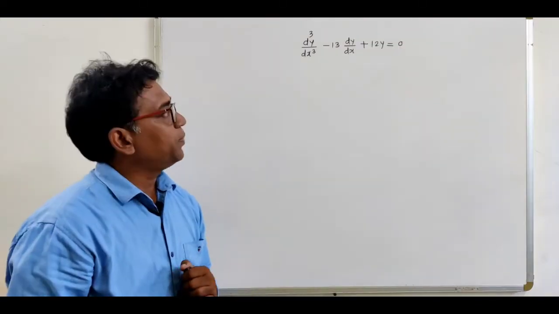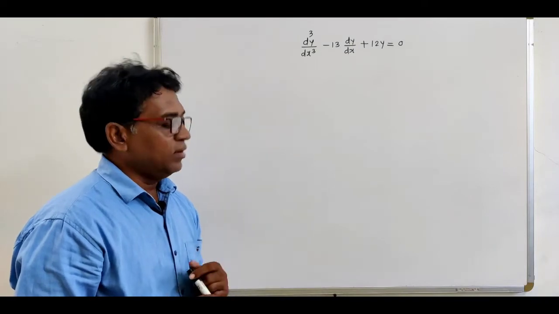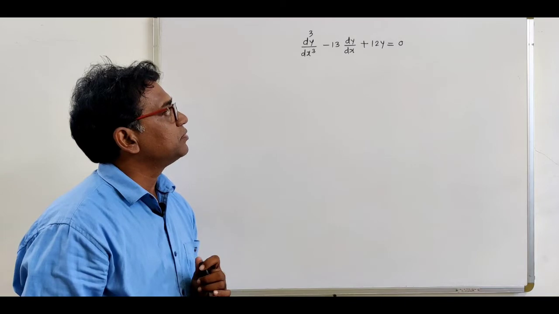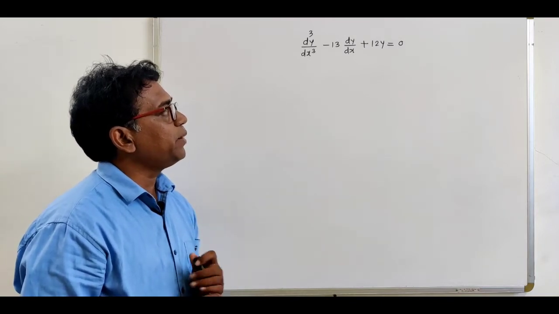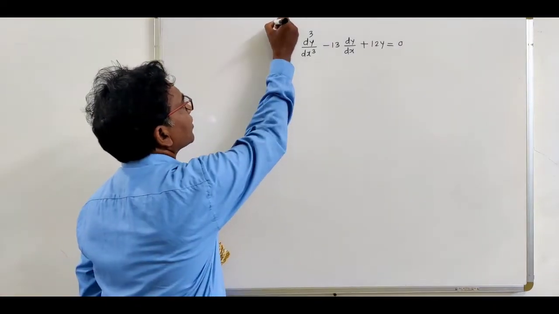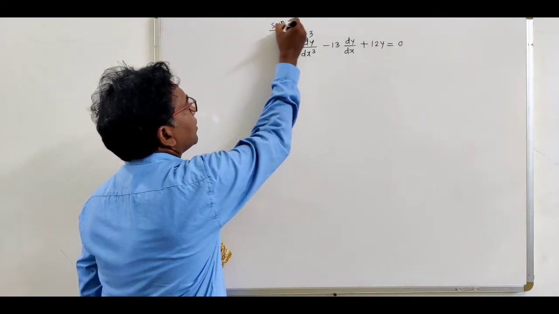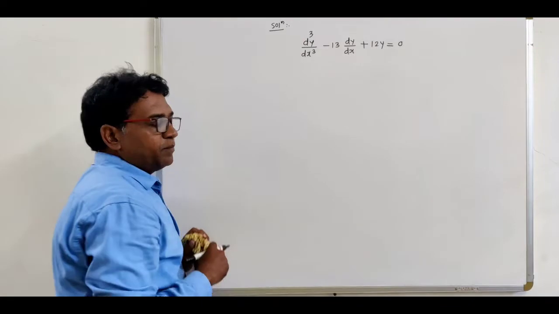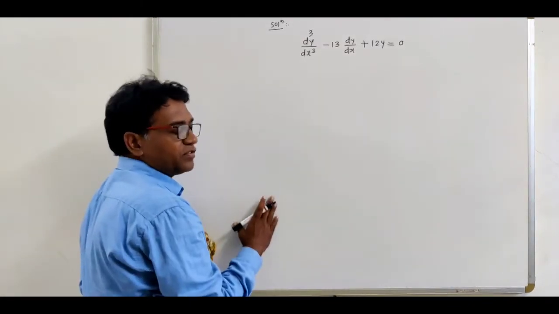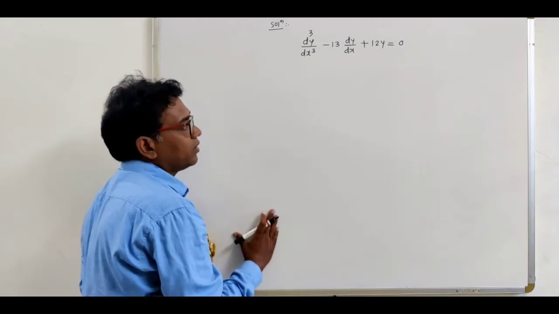So write down the third example. Solve the differential equation d cube y by dx cube minus 13 dy by dx plus 12y is equal to 0. Now see what is the first step? First of all, we reduce this differential equation to our standard form.